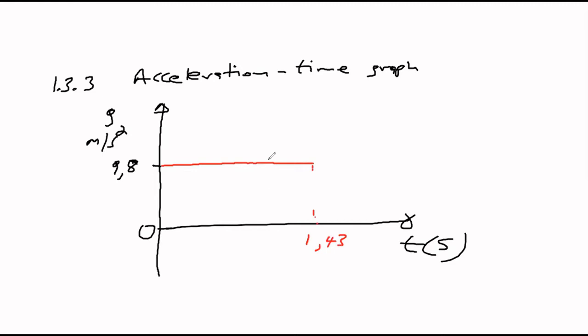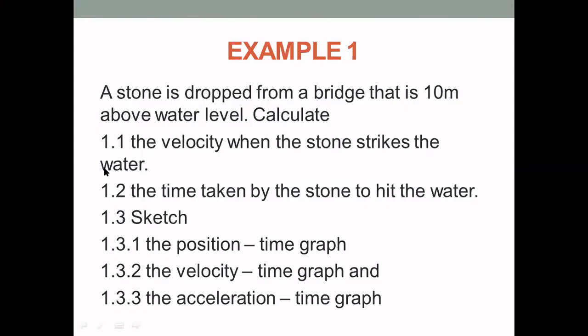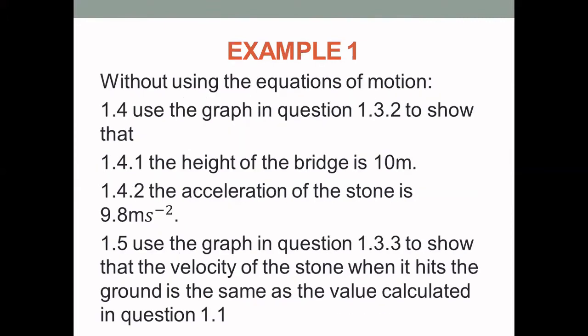Okay, let's go back to our notes. Okay, so we're done with example number 1. Okay, we have one question, number 1.4. Without using the equations of motion, they say use the graph in question 1.3.2 to show that the height of the bridge is 10 meters.